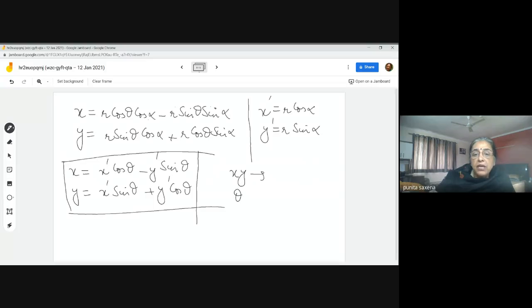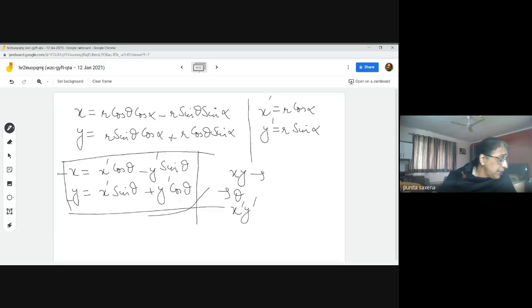That has been rotated through an angle of theta, right? And this gives me a new system of coordinates, which we are calling x dash y dash. And if I know theta, we can always shift from one system of coordinates to another by using these transformation equations. Is this okay?